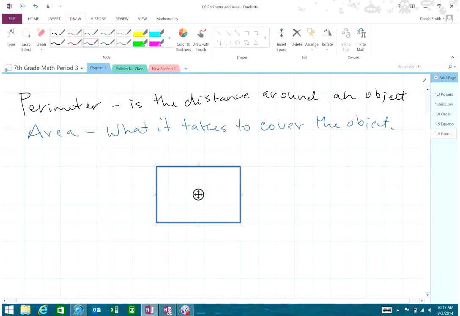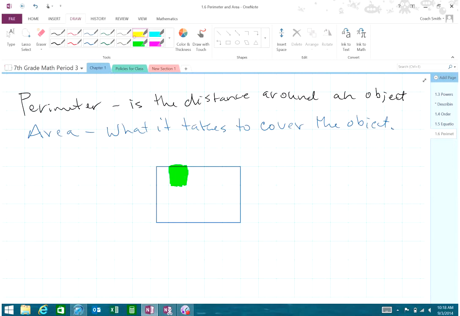Okay, I'm going to enlarge it over here. So basically what they're saying is this. How many of these squares does it take to cover that object? Okay.